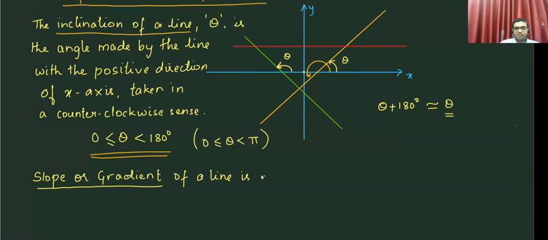Now, slope or gradient of a line is defined as the tangent, the tan ratio, tangent of the angle of inclination of the line.